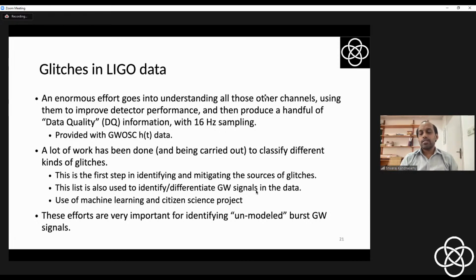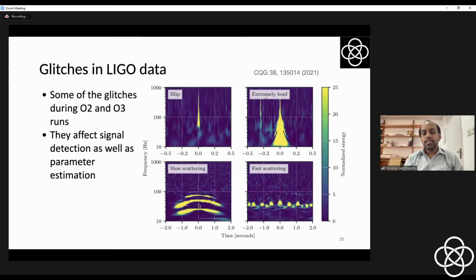So we are not just using the codes, we are also now using new machine learning codes and also getting help from the people. This is very important if you want to detect unmodeled gravitational signals. For CBC signals, we know that the signal has a certain shape, and here you can see these glitches don't have that shape.